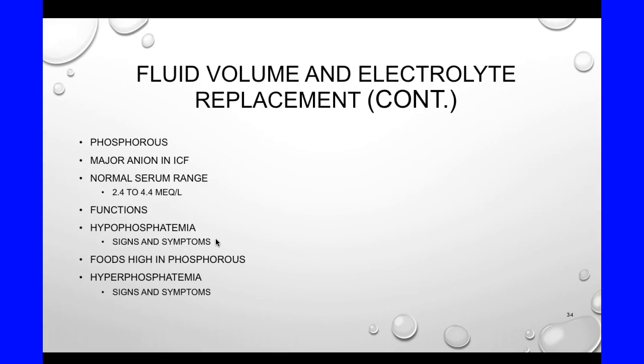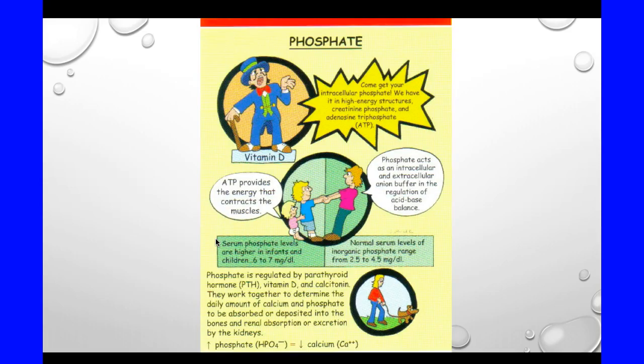Then we have phosphorus, which is another electrolyte, 2.4 to 4.4. Let's go to this one. Phosphate is usually responsible for working within your cells for energy, and it helps with muscles. So again, we have a lot with muscles here.